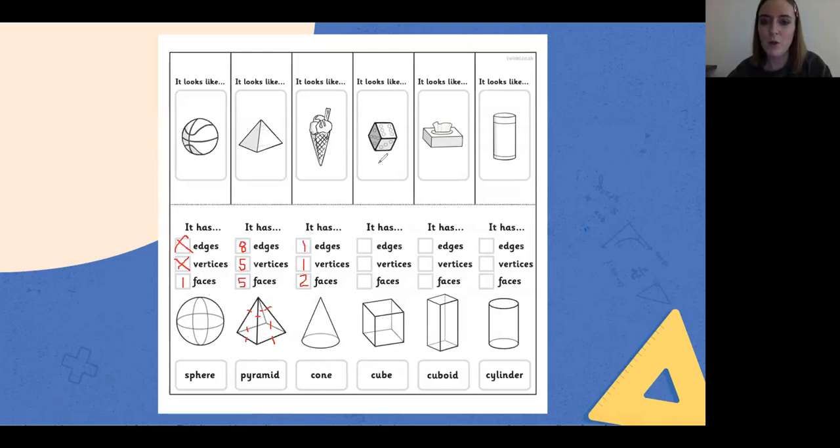All right, my cube looks like a dice, okay? It has how many faces? 1, 2, 3, 4, 5, 6 faces, okay?